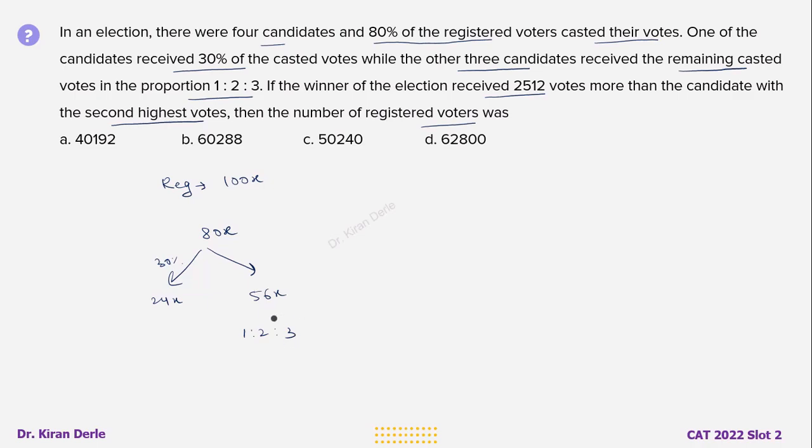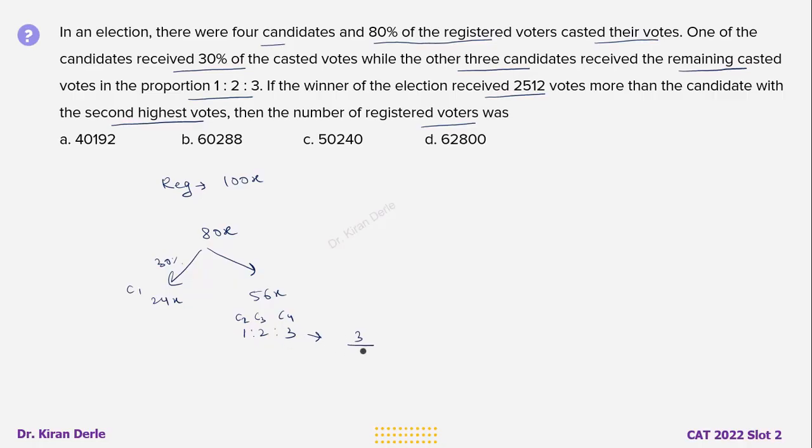I hope you're understanding. So this is 24x. Let's say this is candidate 1, candidate 2, candidate 3 and candidate 4. This is the higher part out of this 56x. What is that? 3 parts out of 3 plus 2 plus 1, which is 6.